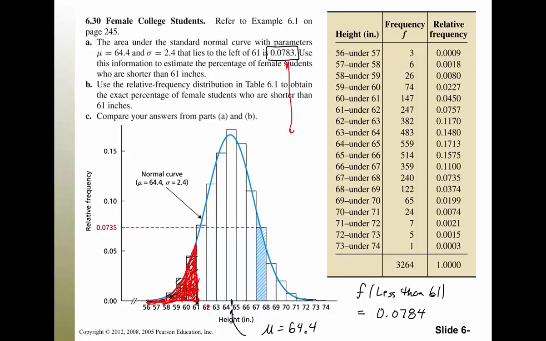So the whole point is that the area under the curve is the 0.0783. That's the same as the frequency that the variable was less than 61.